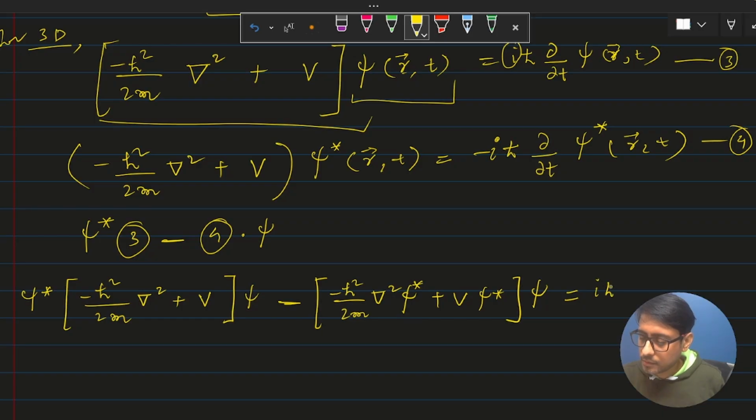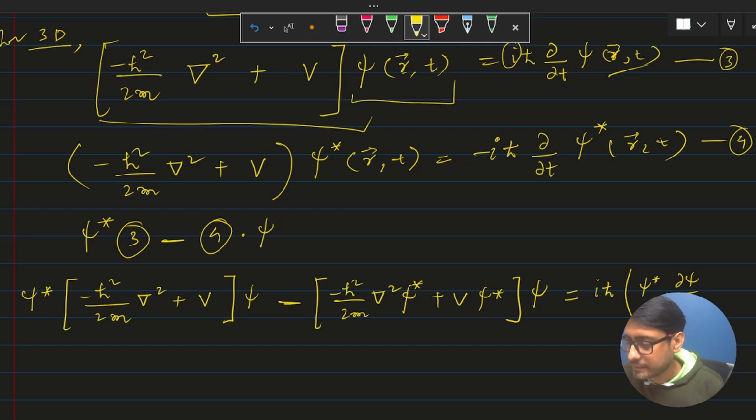And on the right hand side we have this: the i h bar term is common to both. From the left hand side we can multiply psi asterisk del psi over del t. The minus term is there, but when we subtract it becomes plus.